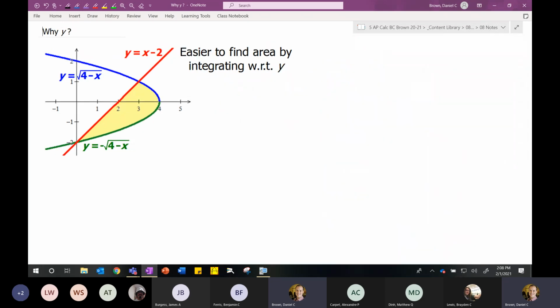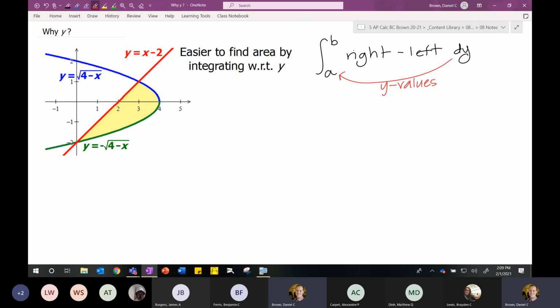If we're doing this with respect to y, the formula is going to be a little bit different. So instead of being the integral from top minus the bottom, it's going to be the integral of the right one minus the left one in terms of dy. If I'm doing it in terms of dy, your a and your b values now must be y values. And when I say dy, it means everything has to be in terms of y.